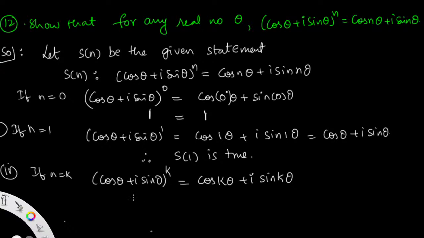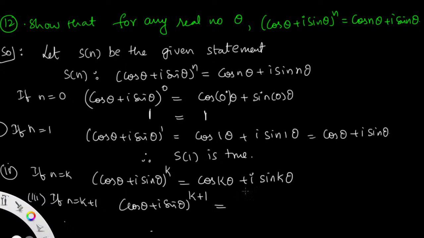There is no change in the expression, so let S of k also be true. Now the third step: assume n equal to k plus 1, that is (cos theta plus i sin theta) to the power of k plus 1.